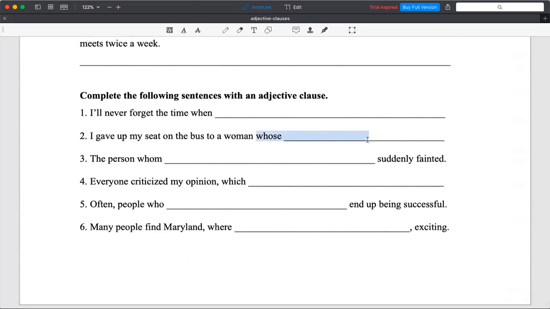Whose bag was, we want to say her bag was white. Whose bag was stolen. Whose umbrella was broken. Whose bag was white. You want to say her bag is white, or her umbrella is broken. Instead of her, you use whose. Does that make sense, Fiona?